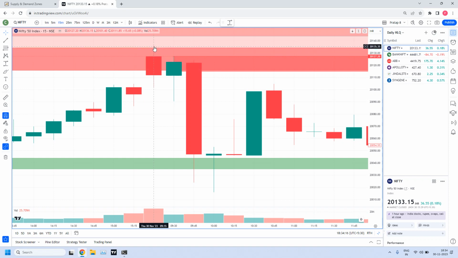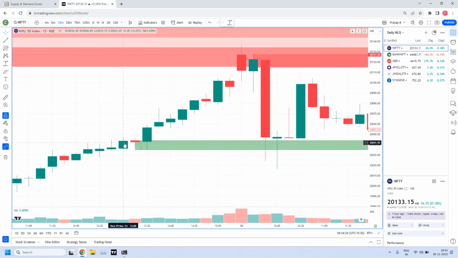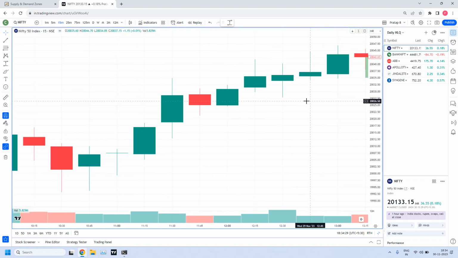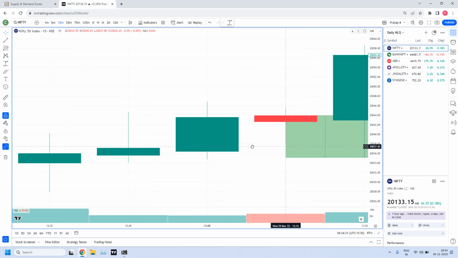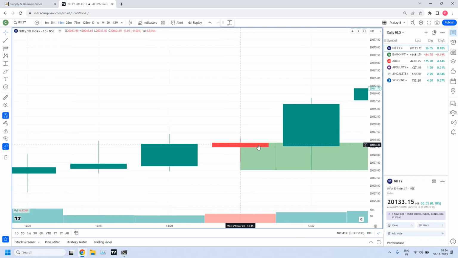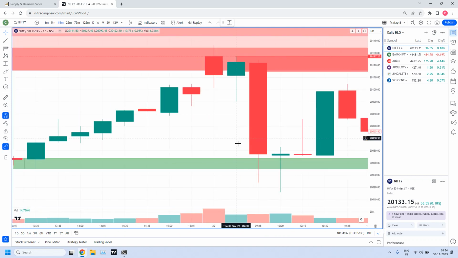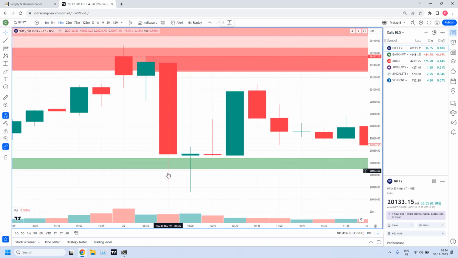So it went just 2 points, then again it came down, and finally it reached the 15-minute target. Even though the zone is pierced, it reached our target.